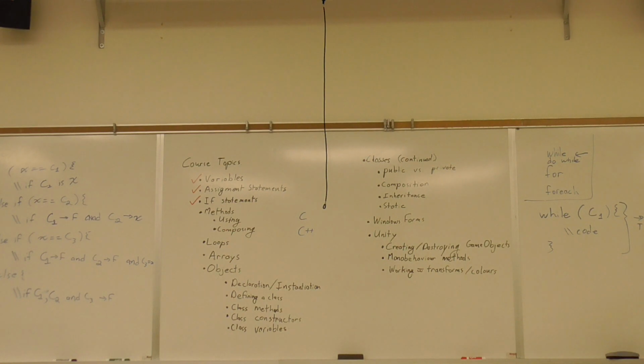If this condition, once tested, comes out false, you break out of that and exit the loop, and then you execute whatever comes after the loop. Does this make sense? Hopefully. Any questions?